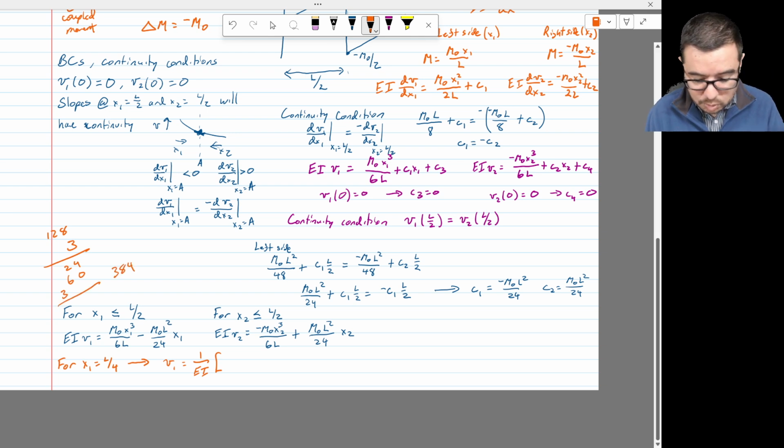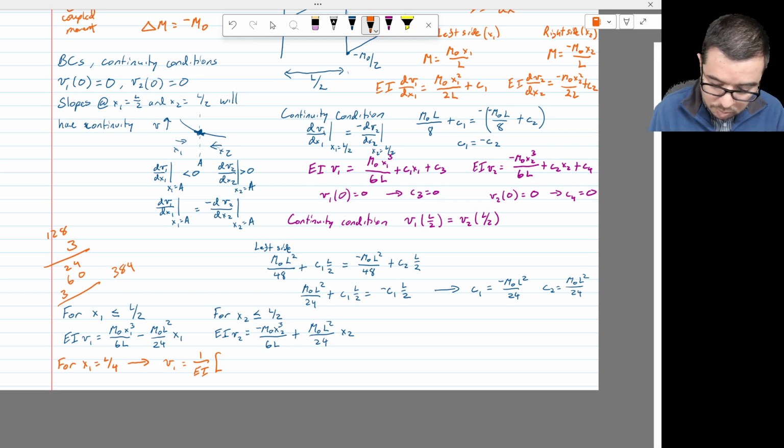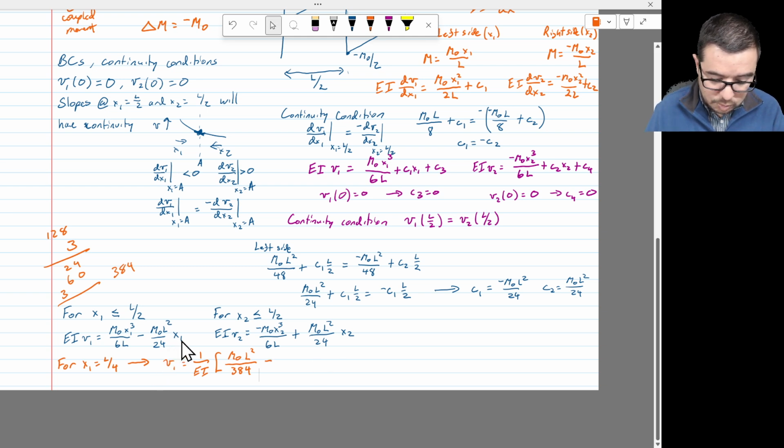So we now have m naught, and we'll have our L squared over 384. And this is going to be just x1, so this is L over 4 times 24. That'll be 96. So that's going to be minus m naught L squared over 96.